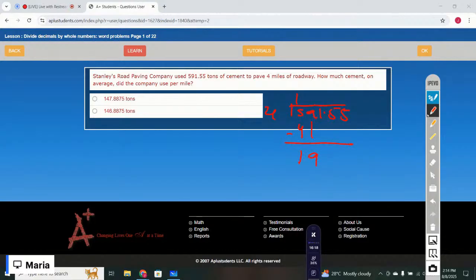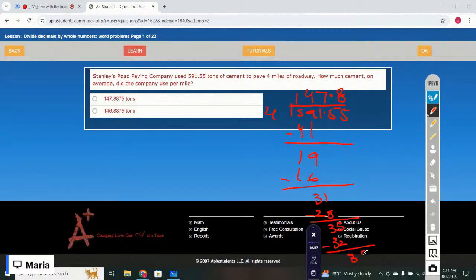And bring 9 down. 4 times 4 is 16. 19 minus 16 is 3. Now bring 1 down. 4 times 7 is 28. Put a decimal point over here. Now bring the 5 down. 4 times 8 is 32. 35 take away 32.